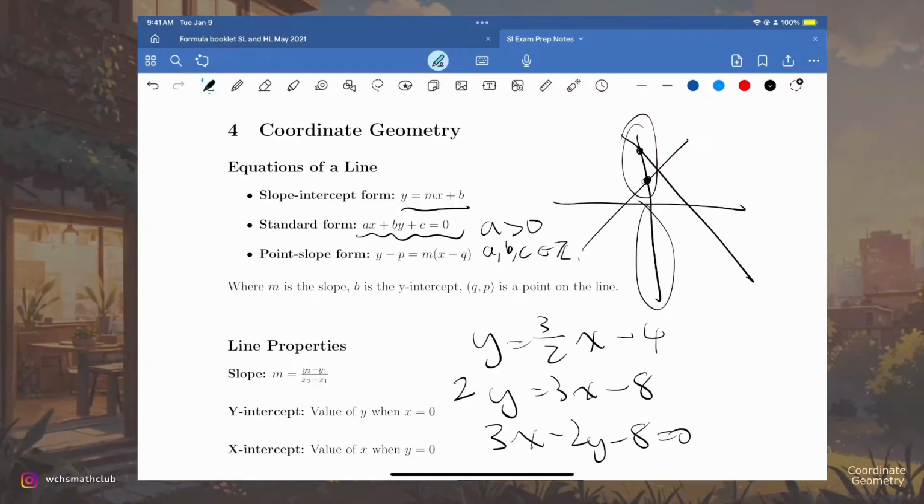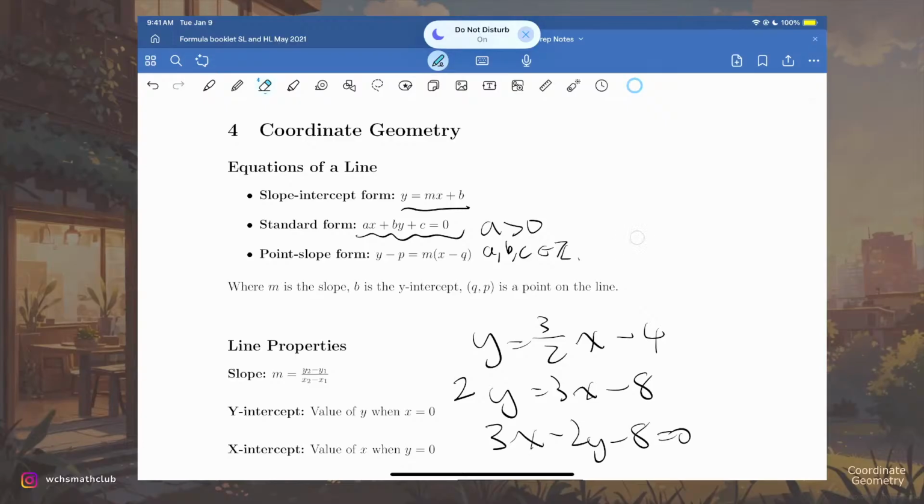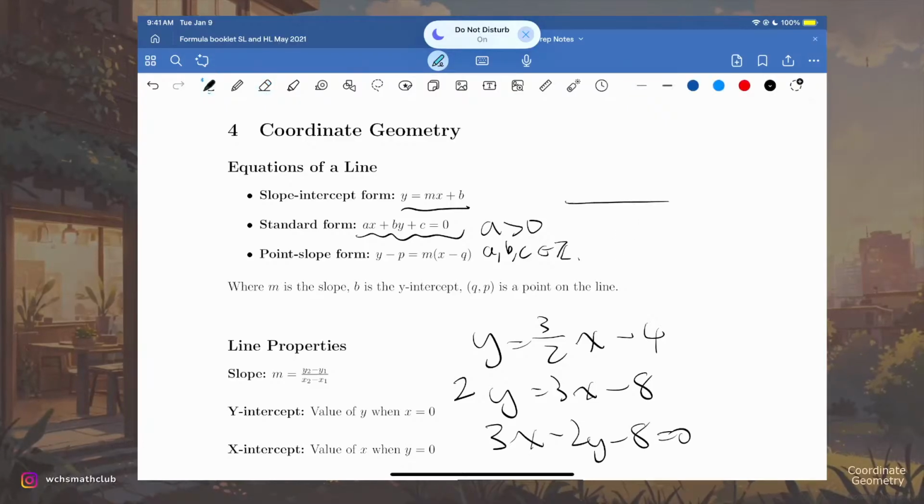The third one is point slope form. This one is really useful for when you have one point that you know the line goes through and the slope of the line. So I'll just draw a little illustration of that.